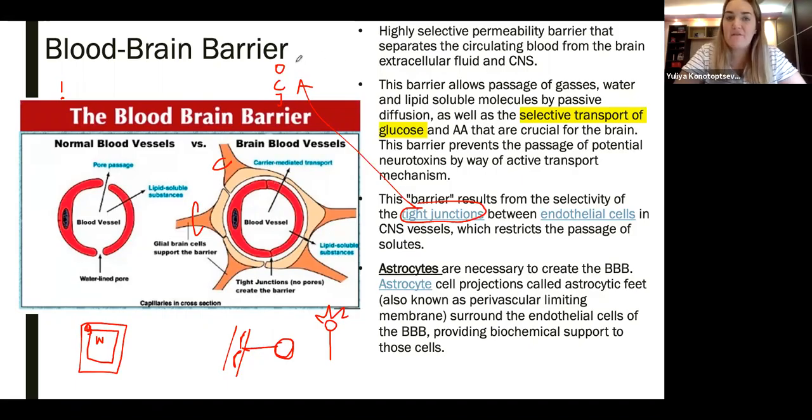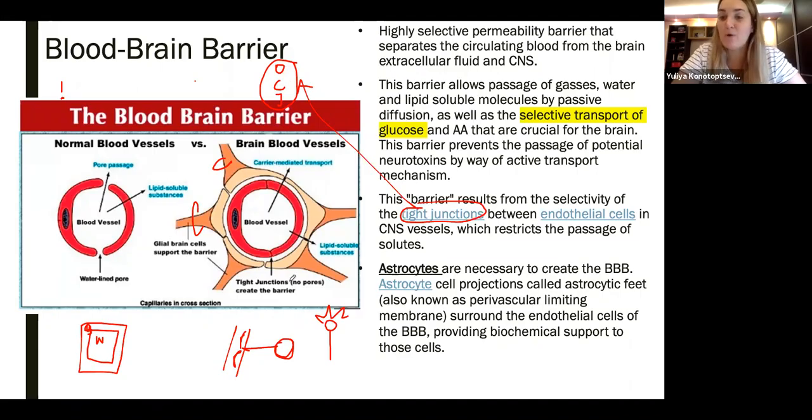So why are they important? Because in the exam, you will see a sentence like this: the foot processes of the astrocytes induce formation of occludin, claudin, and JAM between the two endothelial cells. That sentence is correct. The foot processes of the astrocytes are inducing the formation of a tight junction.